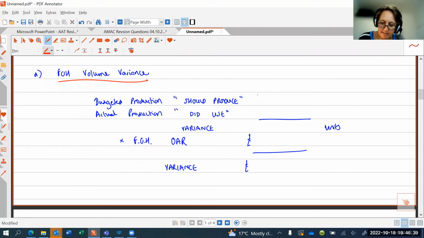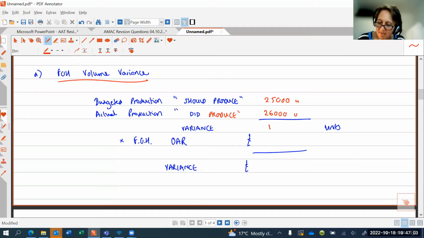Okay, so let's put that in. That's what we should produce. The actual production was 26,000 units. Change my word there, it's supposed to be produce. So 26,000.